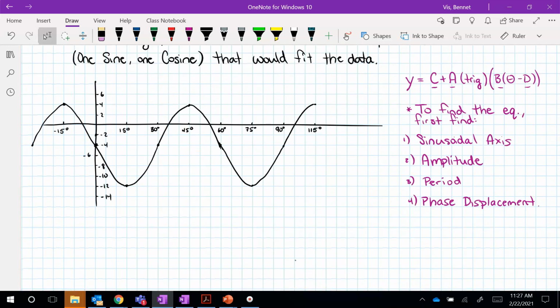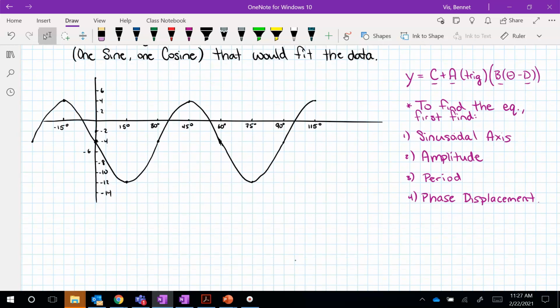So let's look at those things, right? Well, my sinusoidal axis for this graph is this midline here that I've got, halfway above the top and the bottom of this graph at y equals -4. That sinusoidal axis is my vertical shift, right?